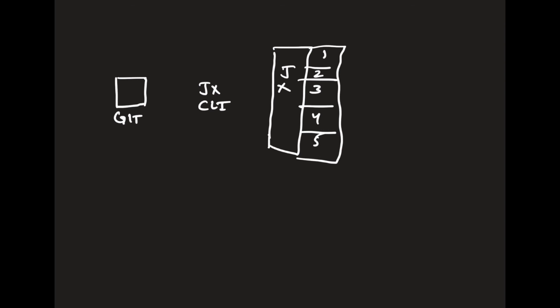So from the Git, using the JX CLI, you can take the code from Git and pass it on to JX, or you can also make this operation without the JX CLI, so that whenever you push any code to Git, your code automatically goes to production without any involvement of the JX CLI. Those configurations can also be done.